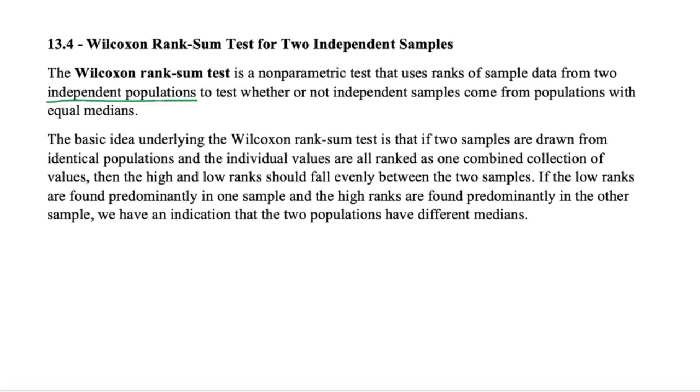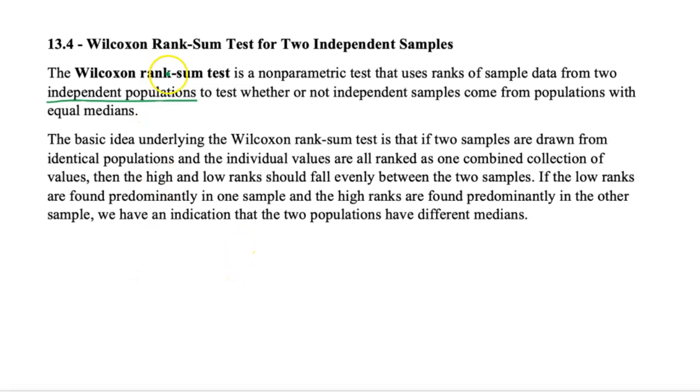The basic idea here is that if two samples are drawn from identical populations and the individual values are all ranked as one combined collection of values, then the high and low ranks should fall evenly between the two samples.